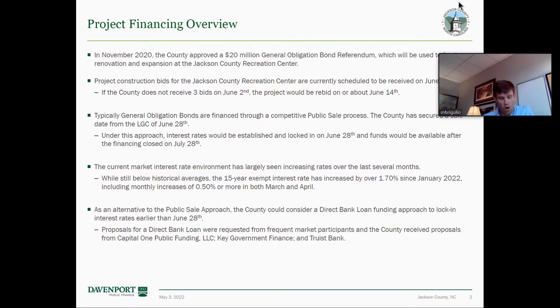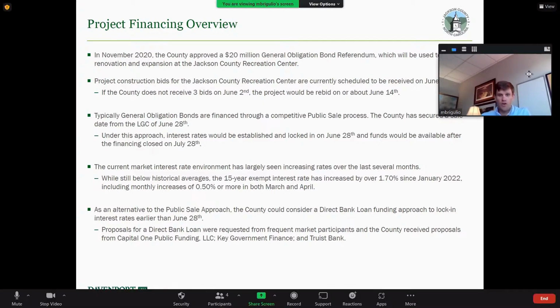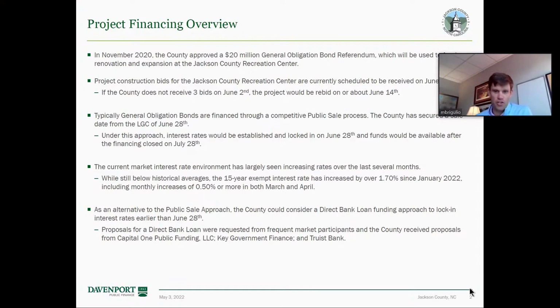The interest rates are published on a daily basis, and we can track those against other similarly rated and similar bond transactions that price in the public markets on a daily basis. So we feel like we've got a pretty good handle on where the public sale interest rates are in today's environment. But again, it's going to be subject to change until interest rates are locked in, until the bonds would be priced on June 28th.